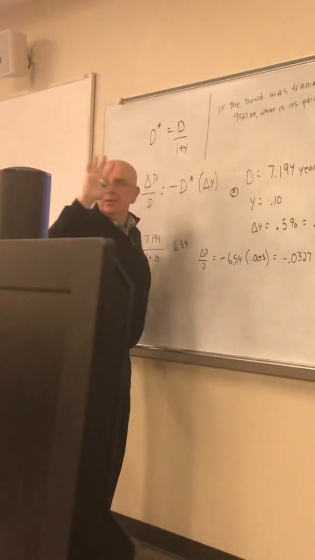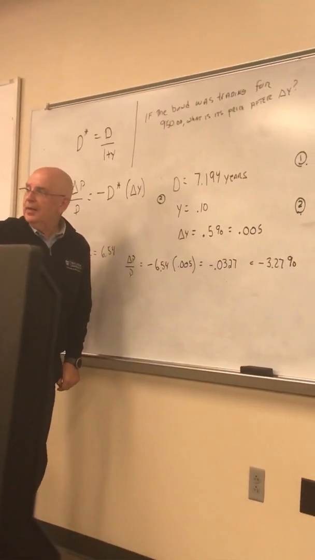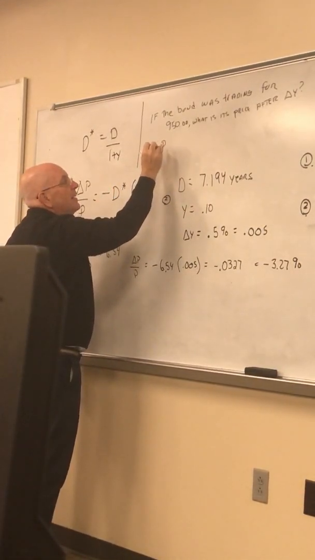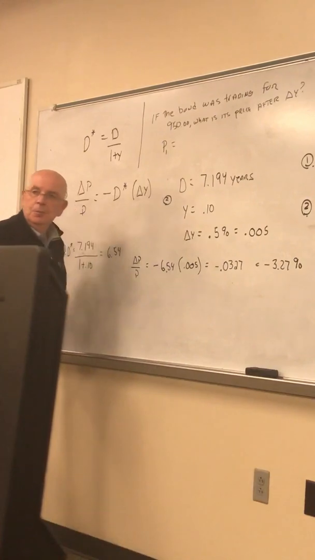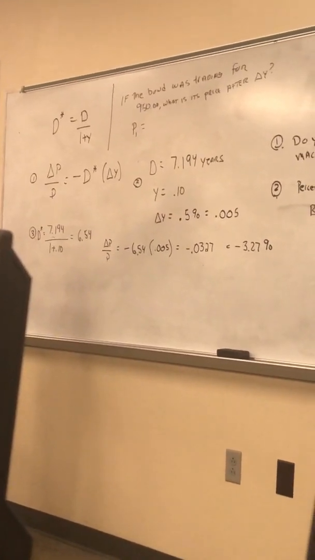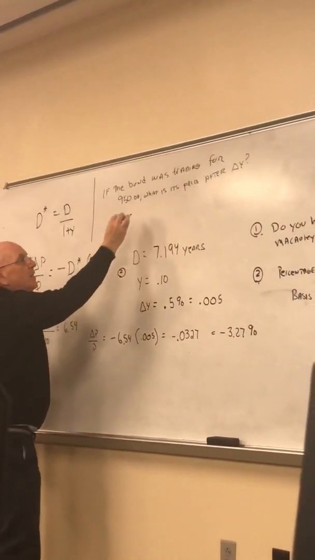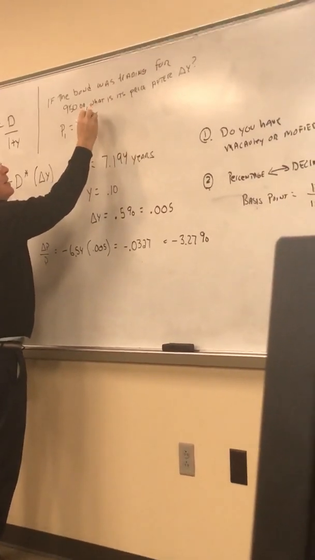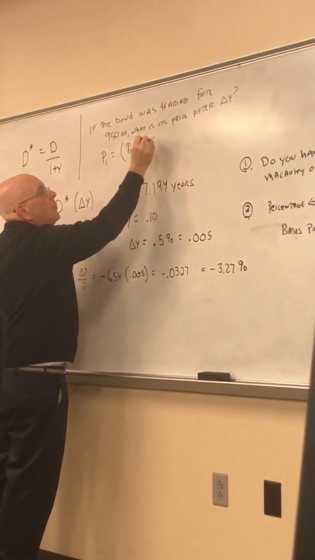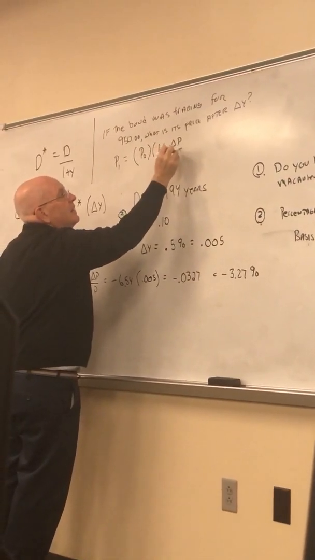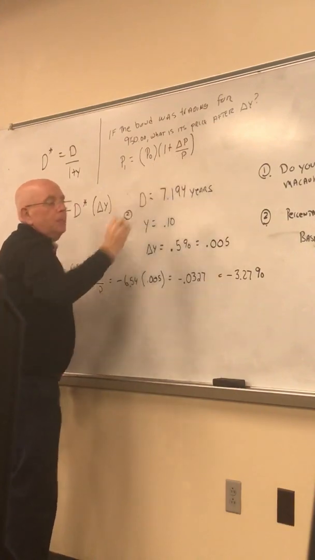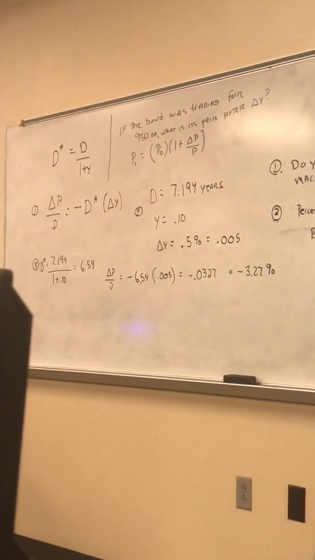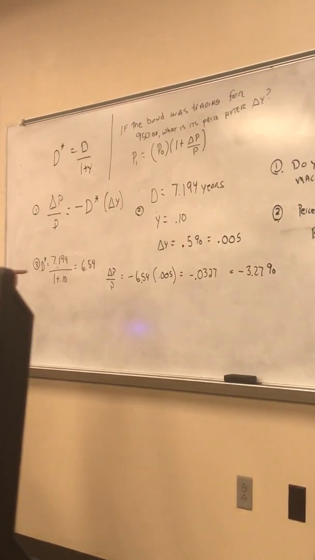And the first thing that we would do is write out the formula, okay? So the new price of the bond after the change in interest rates is going to be equal to the old price times 1 plus delta P over P. And remember what delta P over P stands for: the percentage change in the price of the bond.